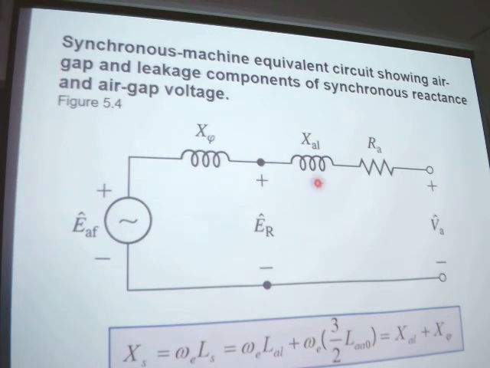The XL, we know, is the leakage reactance, and the Xφ is the effective magnetizing reactance of the armature winding.